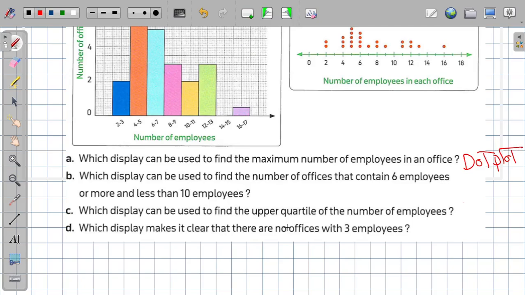Next, which display can be used to find the number of offices that contain 6 employees or more and less than 10 employees? I think we deal in this question with a grouped data or an interval. So if we deal with a group or interval, we need a histogram.